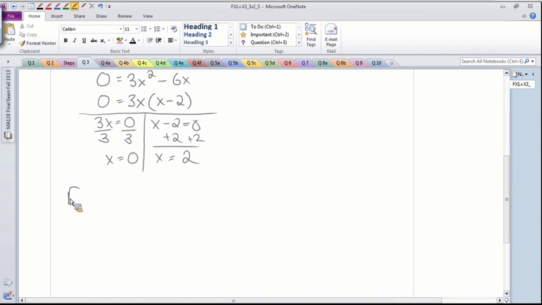So we need to find f of 0, which is equal to 0 to the third minus 3 times 0 squared minus 5. And we also need to find f of 2. We'll calculate this out. 0 minus 5 is equal to negative 5.